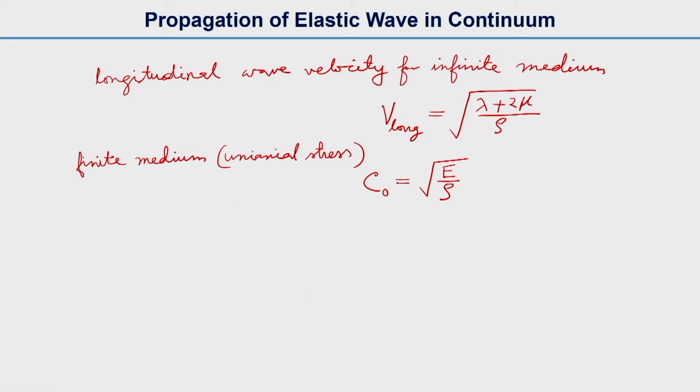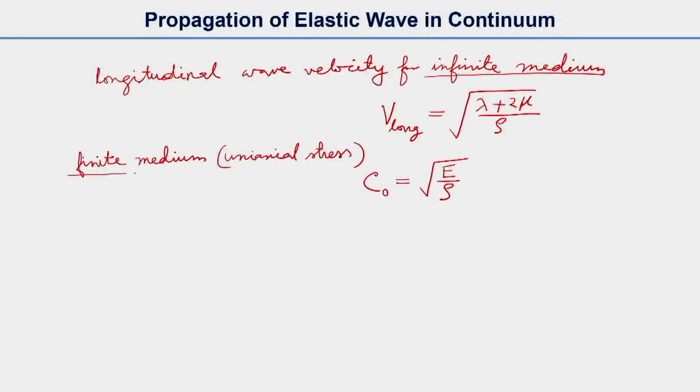Now, we want to know the similarity between these two wave velocities. The first one is for infinite or unbounded medium, and the second one is for finite medium, which is the case of a striking bar hitting a long cylindrical bar, that is uniaxial stress case.